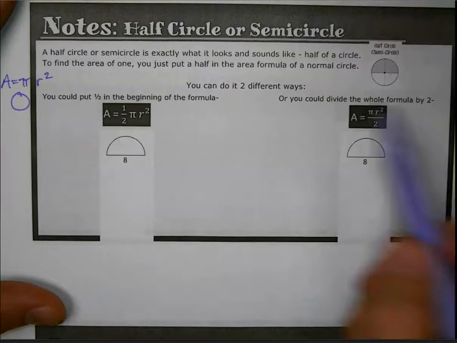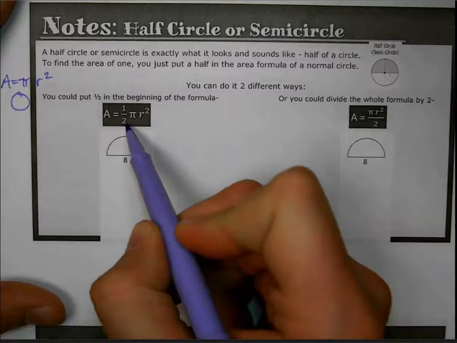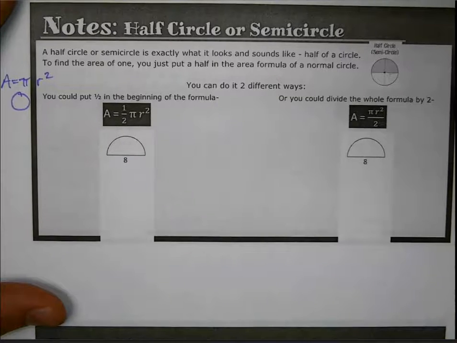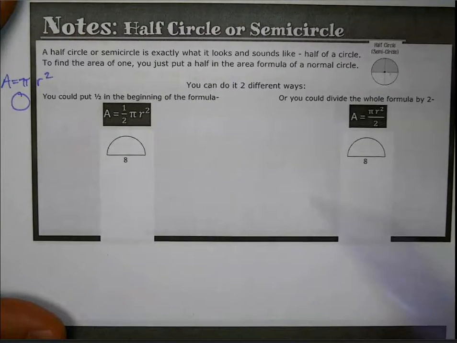You can do it two different ways. You can put 1/2 into the formula just like that, or you can put the whole thing over 2. Remember, a fraction is just a division problem, so it's dividing by 2. I'm going to show you how to do it both ways with this semicircle.